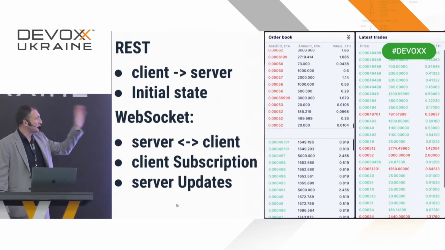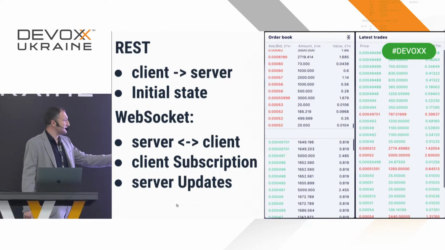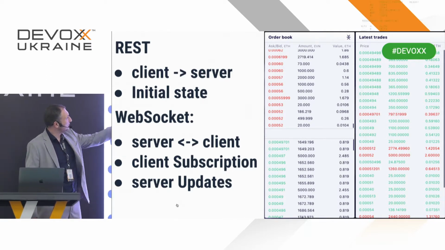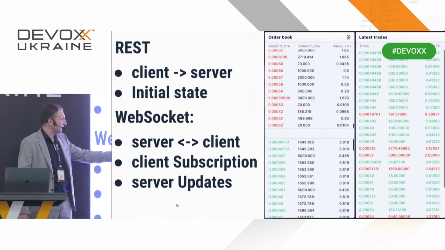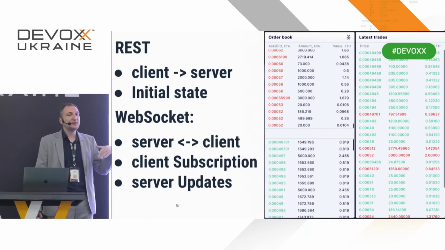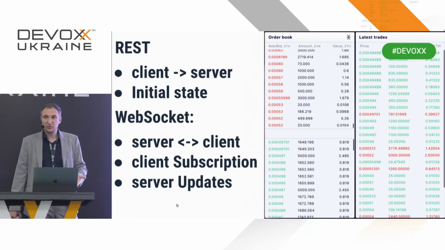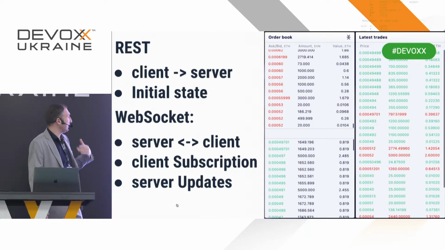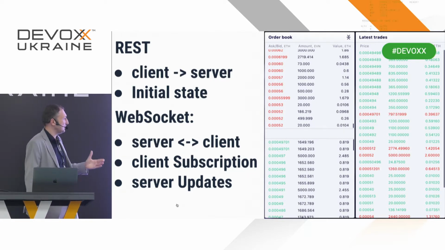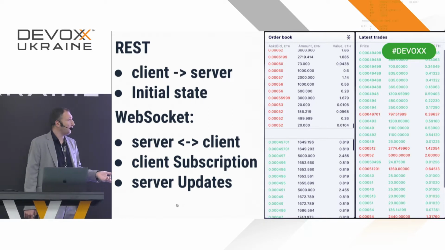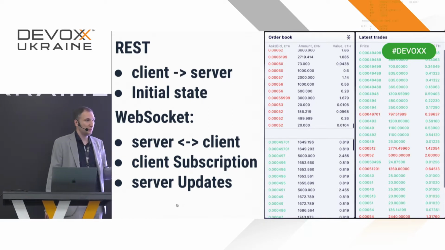You see on the right part of the slide the latest rates and order book. It should be automatically updated with WebSockets. And what problem, what common problem can you have in such a situation? You need live updates of trades and the order book.